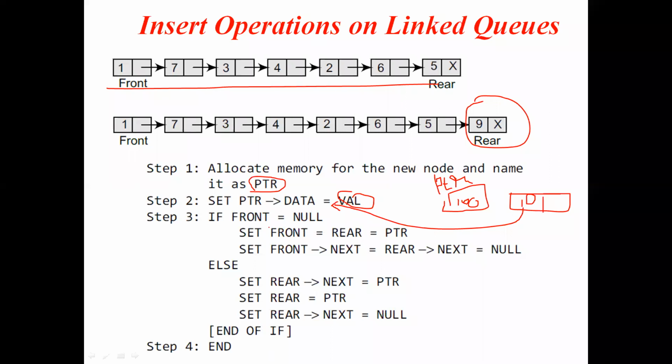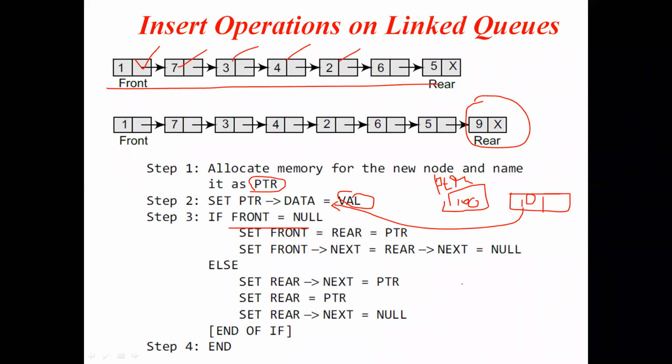Initially, you will check if front equal to null. If there is no element at all in the linked list, this if part will work. But in our case, we are having how many elements? 1, 2, 3, 4, 5.